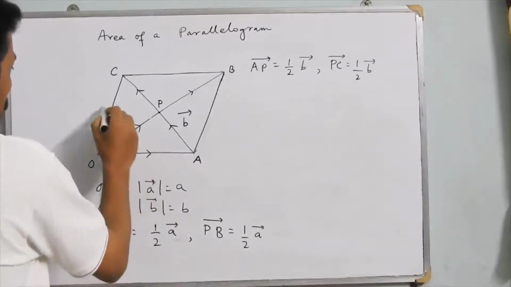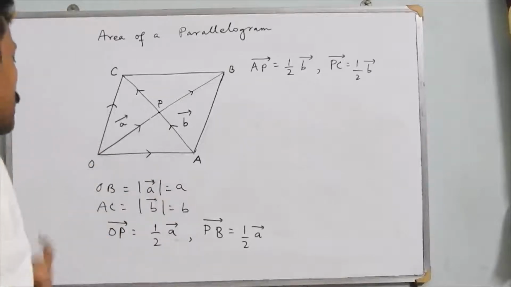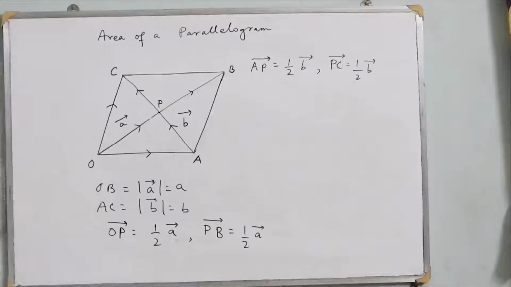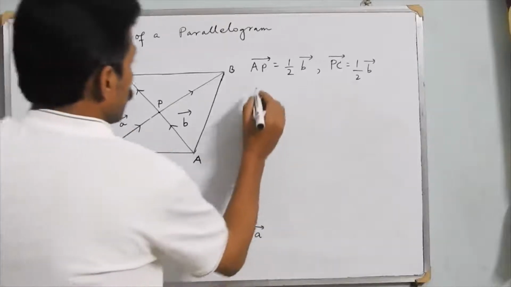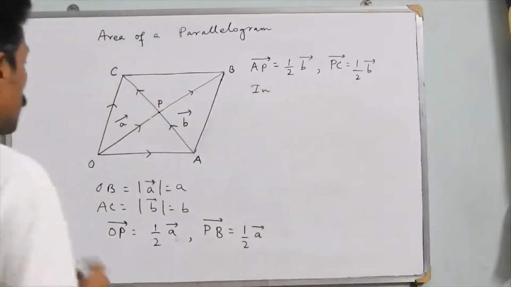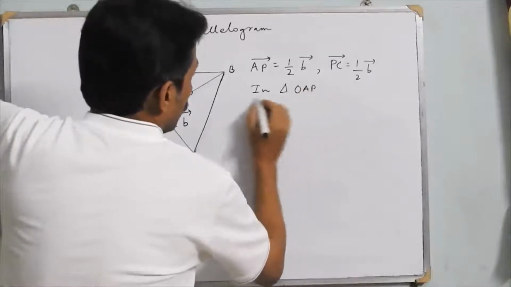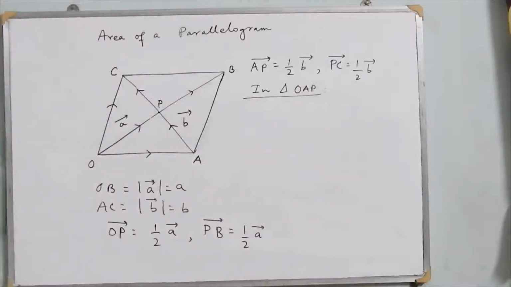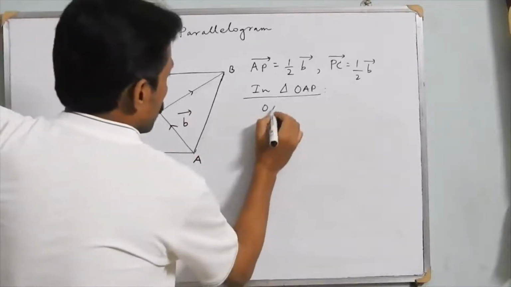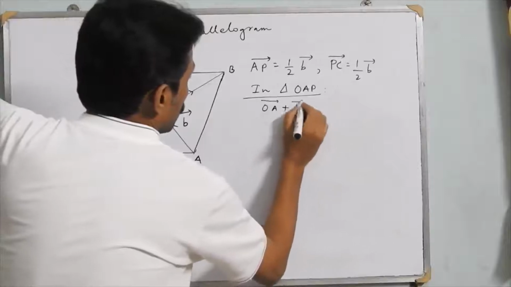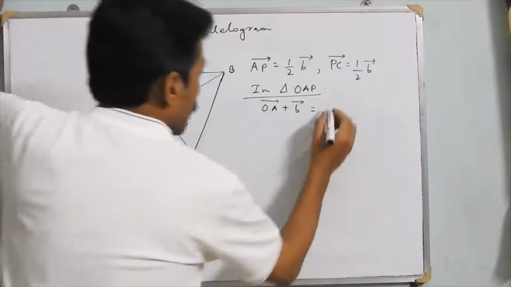Now remember, in order to find the area of the parallelogram, we want to find the adjacent sides, and then if the cross product of the adjacent sides can be determined, we can easily find the area of the parallelogram. So now in triangle OAP, if we use triangle law of vector addition, then you can write OA vector plus AP vector is equal to OP vector, and that OP is half of A vector.